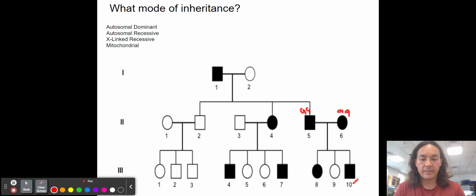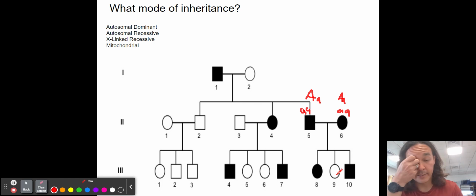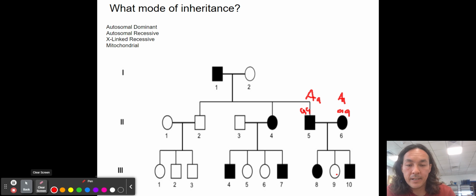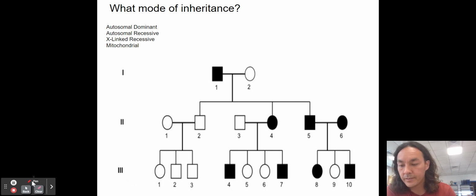But because not all their children have it, then it is most likely a dominant trait, capital A, little a, capital A, little a. And here, this child got the little a, and doesn't have it, whereas these children do. There is always the possibility of a mutation happening, but not very likely. And for these instances, we'll rule out mutations here.